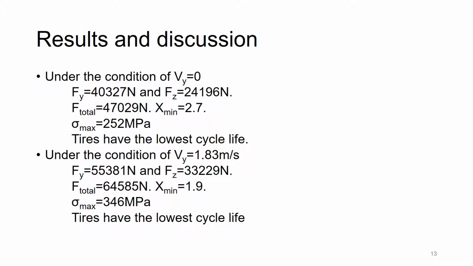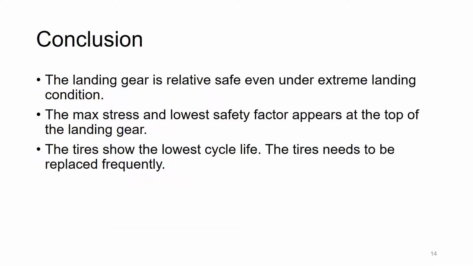Based on those two values, the total force can be calculated to be 64.5 thousand kilonewton. And here the minimum safety factor reduced to 1.9 because the sigma max increased to 346 megapascal, and the tires still have the lowest life.